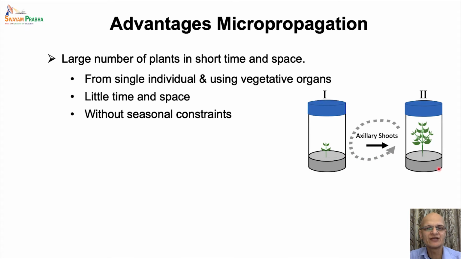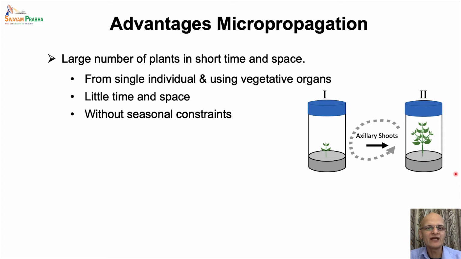Now these individuals which are multiplied here, they can be used to initiate the multiplication cycle again, and in this way more number of shootlets can be produced here. This cycle of multiplication can be repeated several times that can result in the production of large number of plantlets.